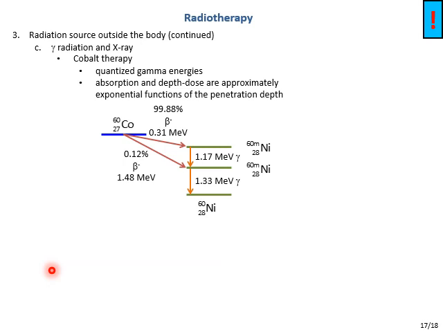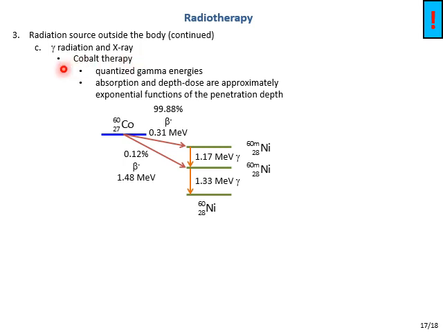The most common type of external radiation source produces gamma radiation or X-ray, and in most cases, actually, gamma rays are used for radiation therapy.